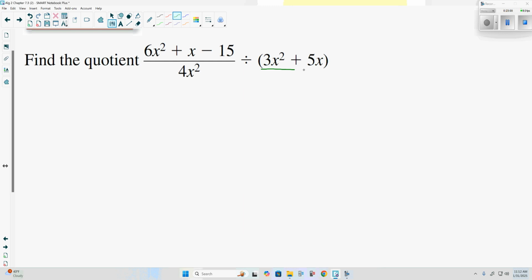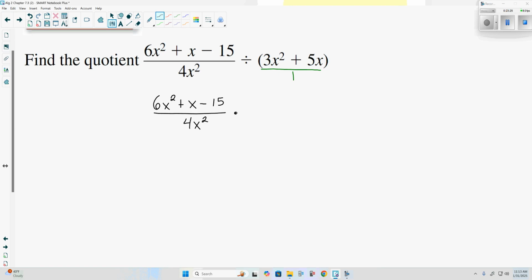Now we did a problem like this yesterday, because the second part of this, what we're dividing it by, even though it doesn't have a denominator, the denominator is indeed 1. With multiplication, that didn't make a big difference. But with division, that 1 is going to come into play.